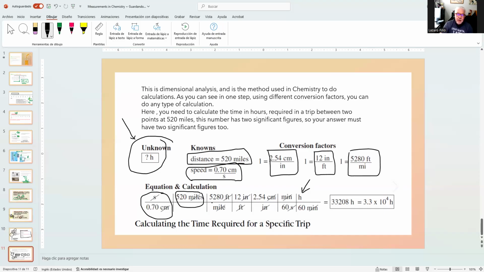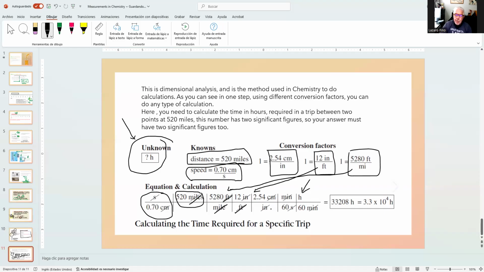Well, first of all, I try to cancel miles by miles using this conversion factor. At this place, I have my answer in feet, but I need hours. Then I cancel feet with feet, and now my answer is in inches using this conversion factor.